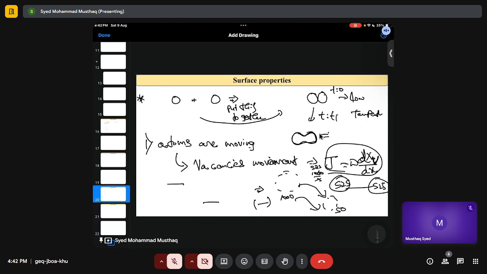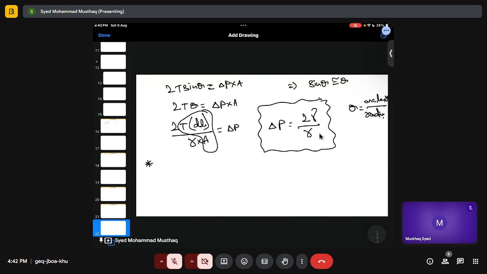Coming here, the atoms are moving, but what is really moving is vacancies. At first I have energy G1, two same type of particles, so G1 and G1. Before, it is 2G1, the total energy. Now it is G2. So there is a change in energy. How do you quantify that?